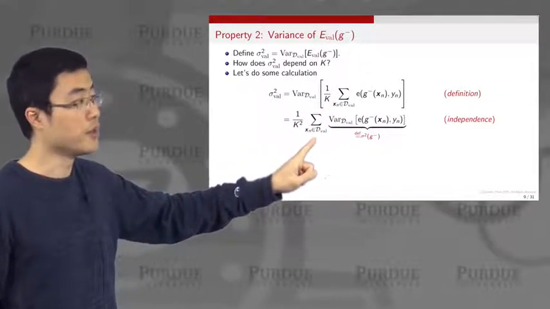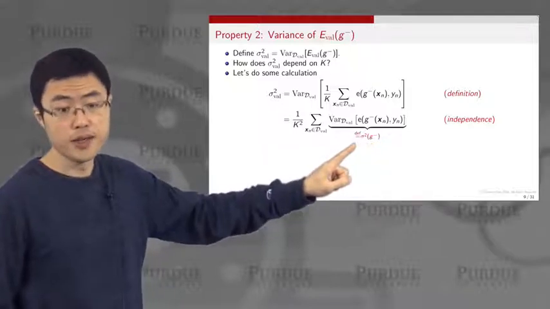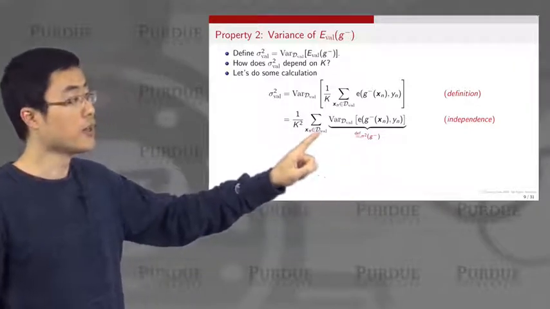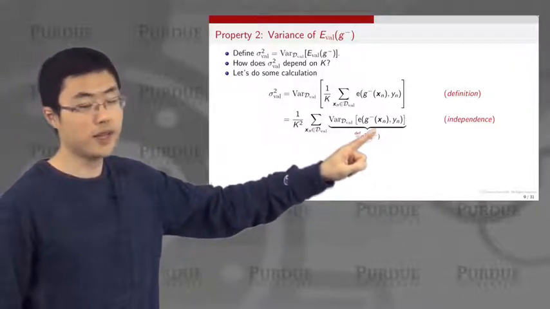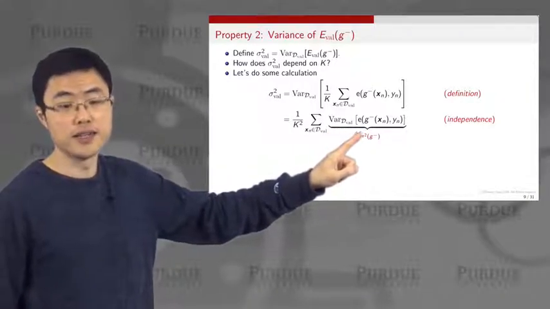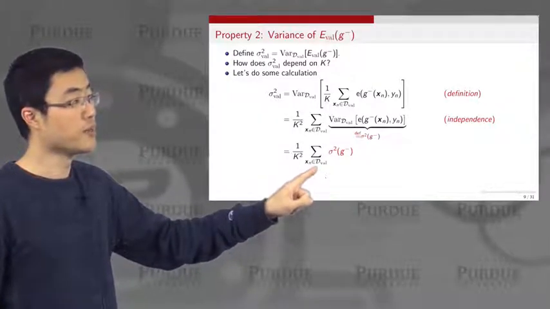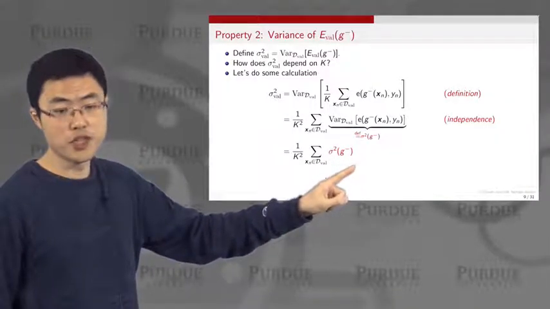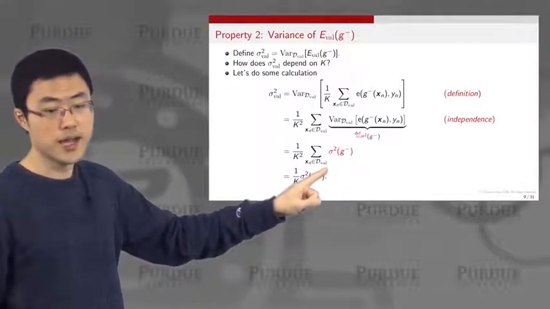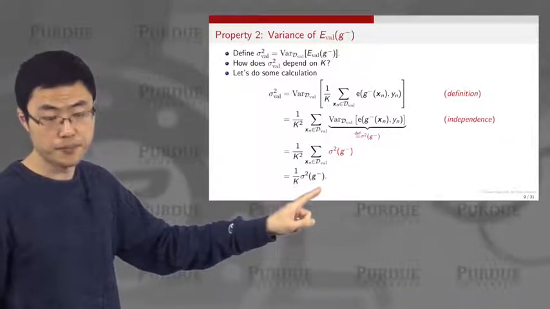And then you have the sum of all the individual variances of the pointwise error, which I define as the sigma square of G minus. There's nothing depending on xn because I have already taken the variance over the entire data set D eval. And therefore, I am left with the summation of all the sigma square of G minus. And since there are K validation samples, that will give me 1 over K times sigma square of G minus.